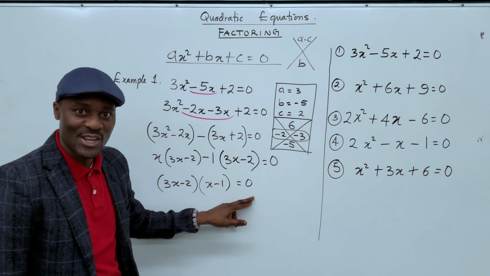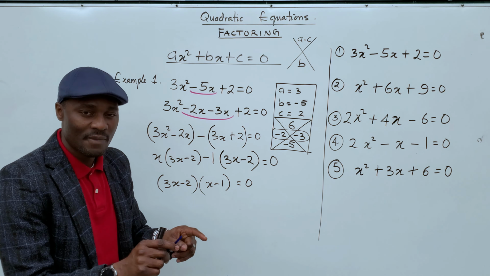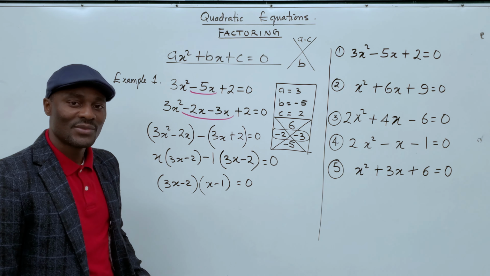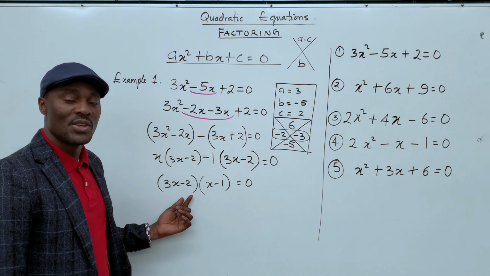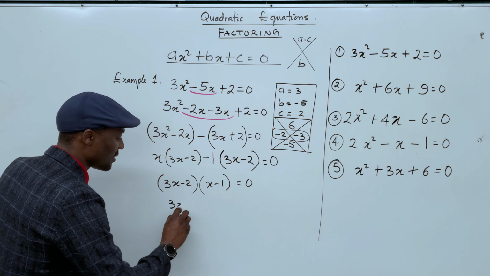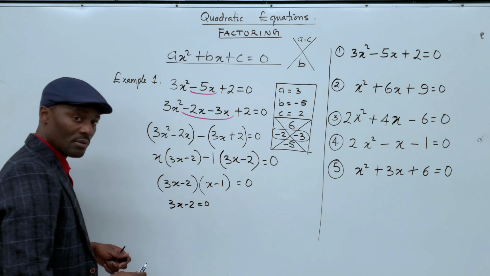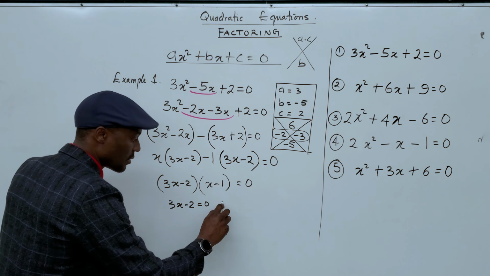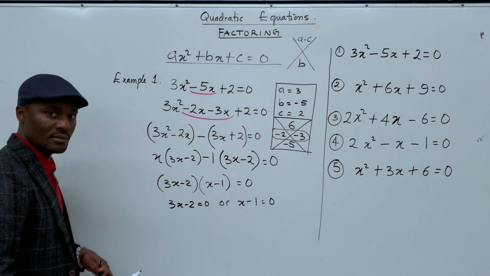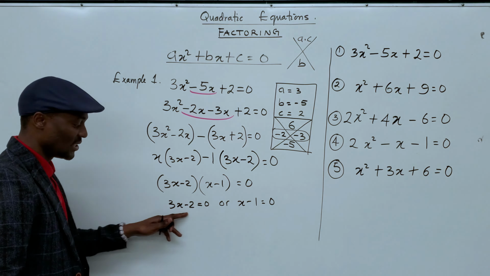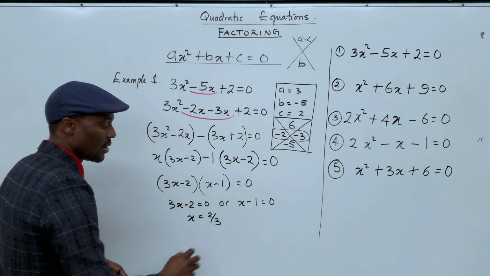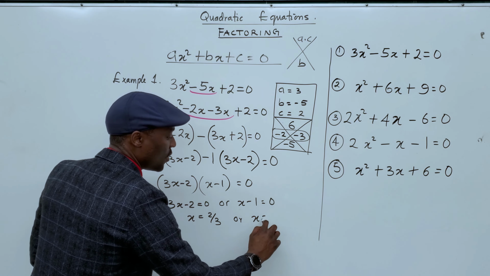A third option is that both of them are zeros. So at least one of them is a 0. So the conclusion is that 3x minus 2 equals 0, or x minus 1 equals 0. So if you solve this simple equation, you will get x equals 2/3 or x equals 1.